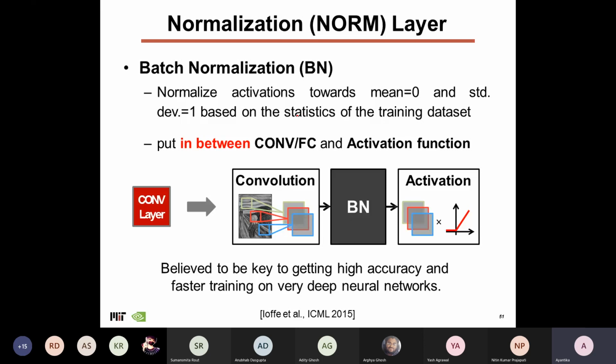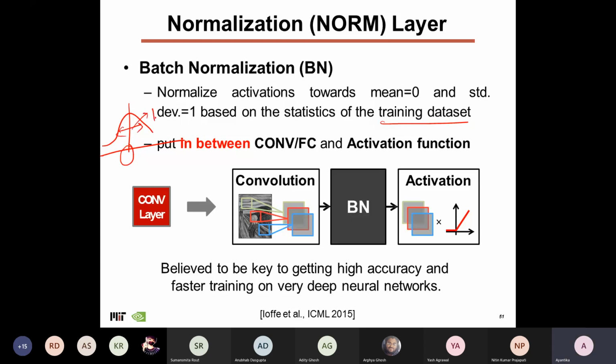Next comes the normalization. Now this is another normalization step. What we do is we basically map the training data set to some trend, where we consider the mean as 0 and the standard deviation as 1.